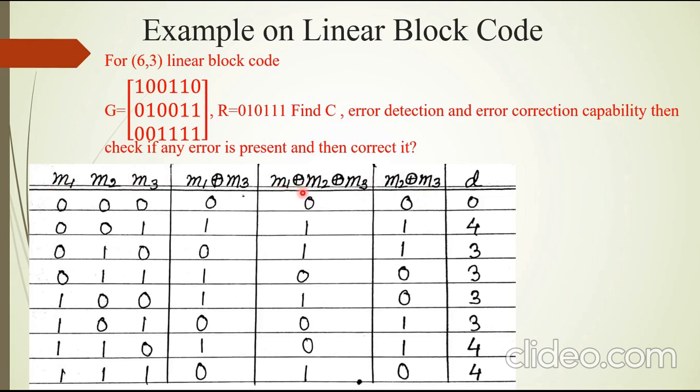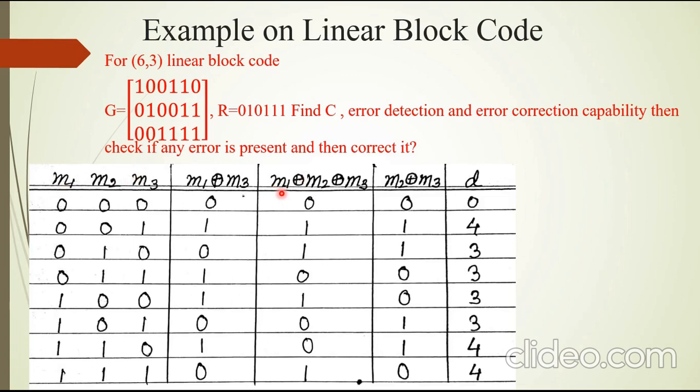So it will be 0, 1, 1, 0, 1, 0, 0, 1. So I will take M2 XOR M3 from here and XOR with the M1 value.